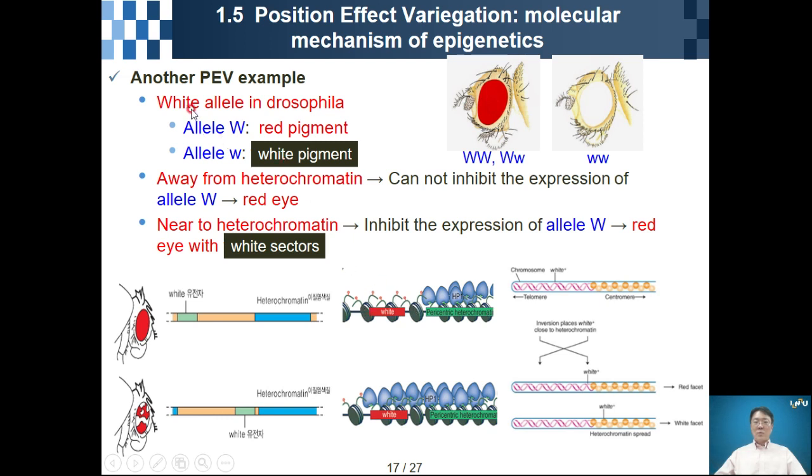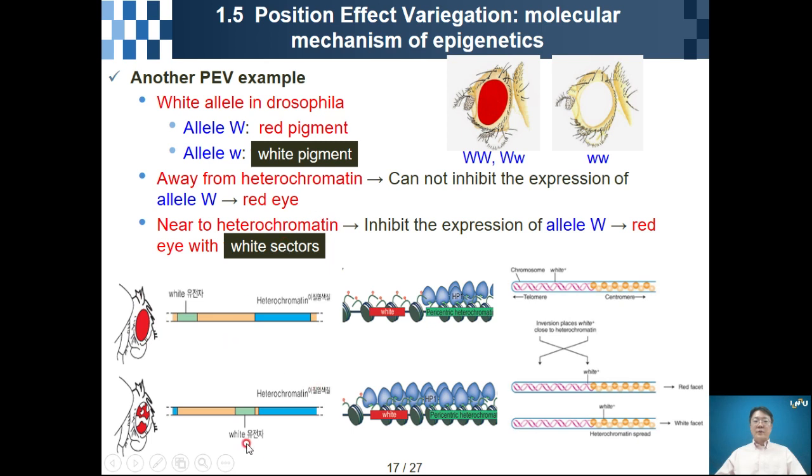So when the white gene is away from the heterochromatin, in this case, heterochromatin cannot inhibit the expression of allele large W. So in this case, the phenotype will be the red eyes.